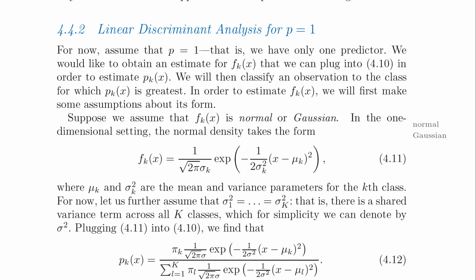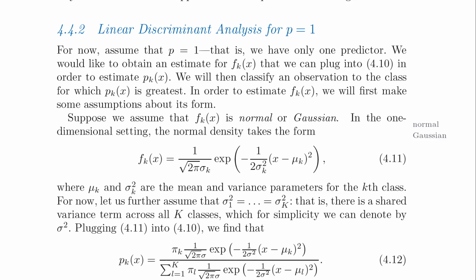But imagine that you're only looking at a single predictor variable, so the data subjects, the observations, age for instance. That would be a single predictor variable. For now, assume that p equals 1. That is, we have only one predictor.